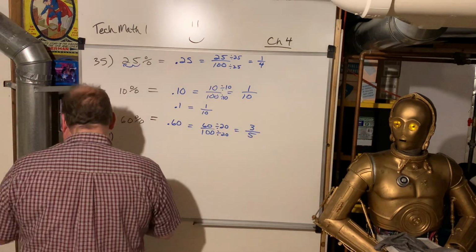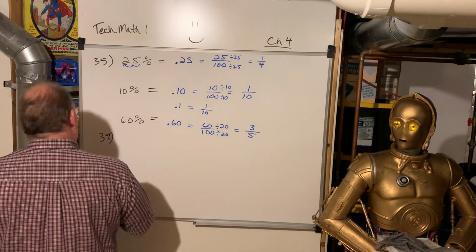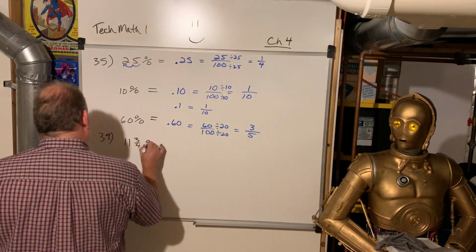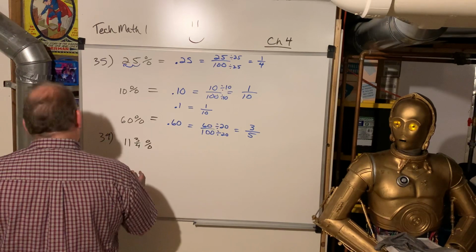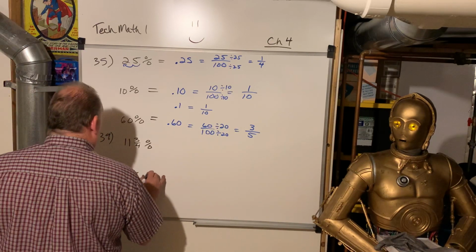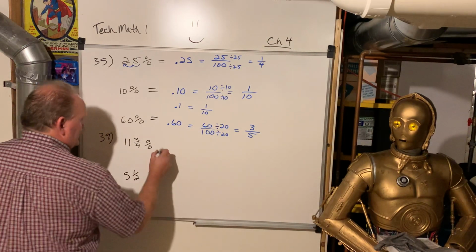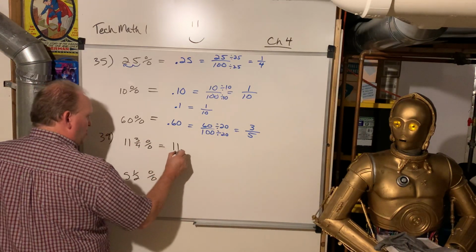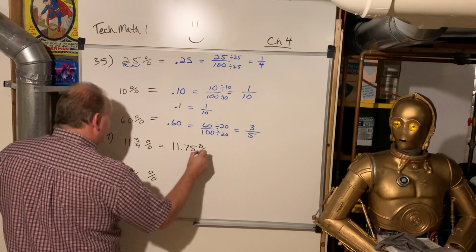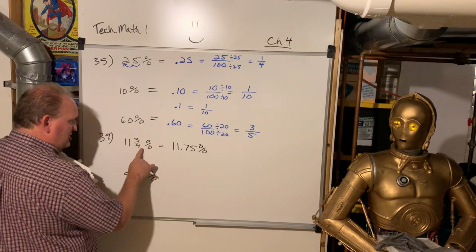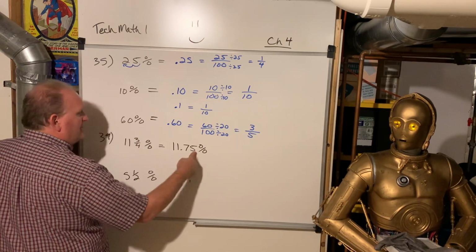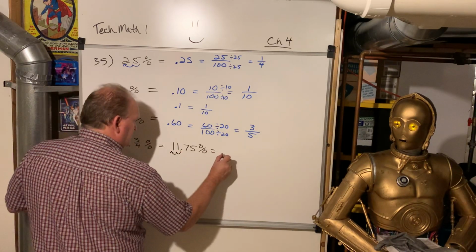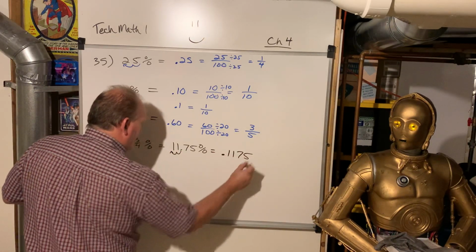So what if it's a fraction, or what if it's a percent with a fraction on it, like 11 3/4%, or like 5.5%? So first I would say let's convert it to a decimal. 3 divided by 4 is 11.75%. So first make your fraction into a decimal, then convert the percent to a decimal, 0.1175.